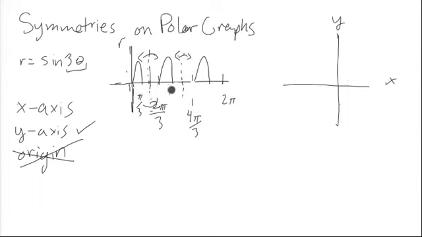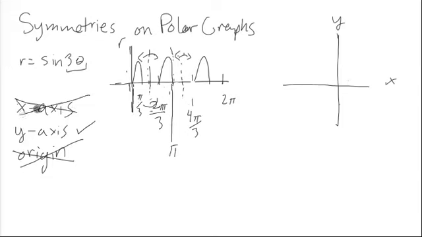So that's 1/2, and so that's another pi thirds over there. So that must be pi right here, right in the middle. That makes sense. Because you have 3 petals, 1, 2, 3, so that's pi in the middle. So right here, about pi, I don't seem to have that symmetry. So I'm guessing I don't have x-axis symmetry.